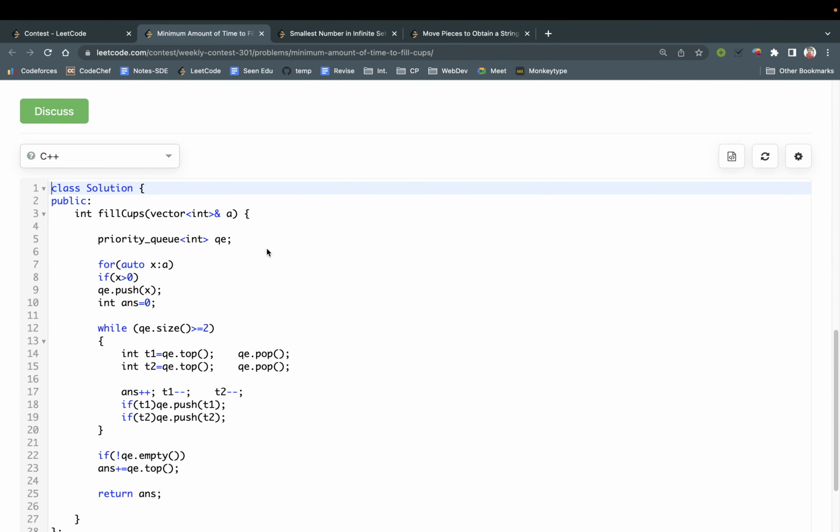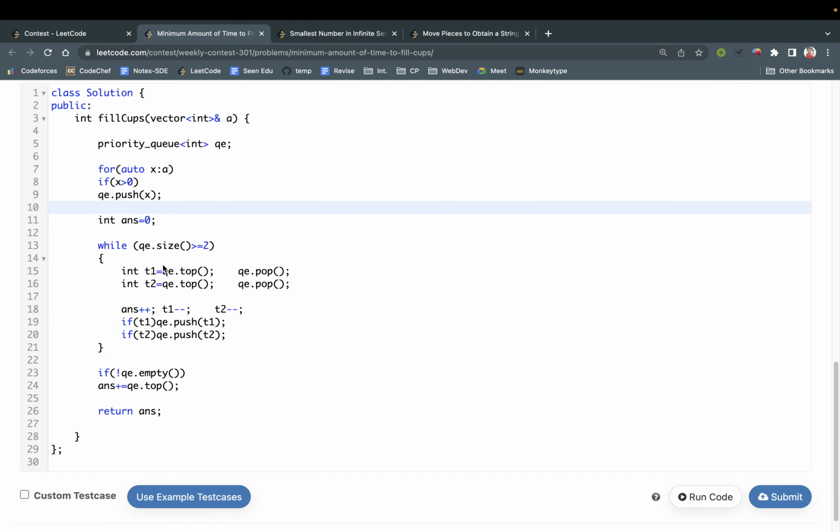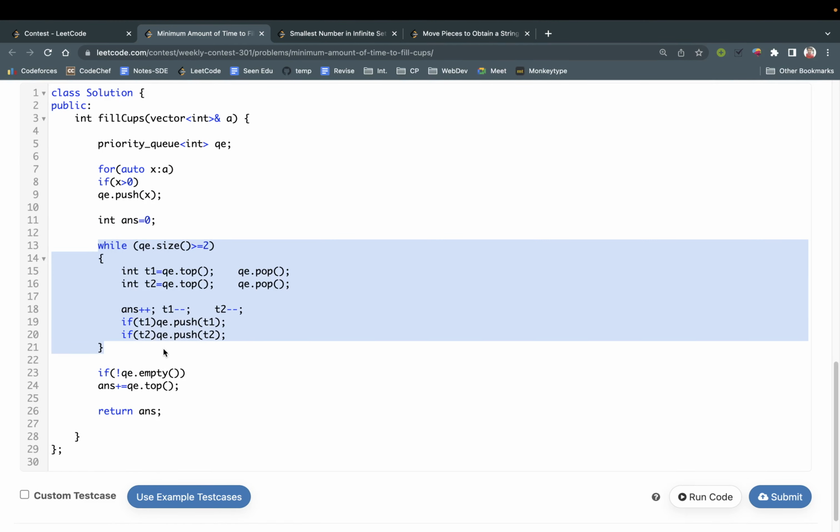So here I have inserted if x is greater than or equal to qi, I'm inserting that in my queue, and if the size of the queue is greater than 2, it means in each second we try to fill with two different cups.